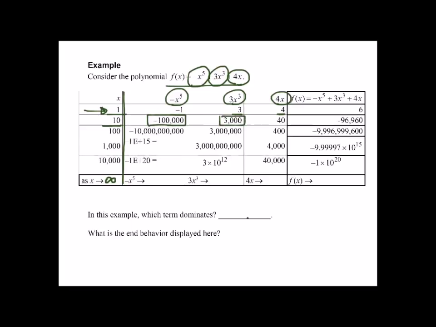The 3x cubed has 3,000 as the function value, and 4x only has 40 as its function value. Already we see a domination by the fifth degree monomial. As we increase the x value to 100, this domination becomes even more severe. Right? Clearly, 400 is significantly less than the function value from the monomial x to the fifth.